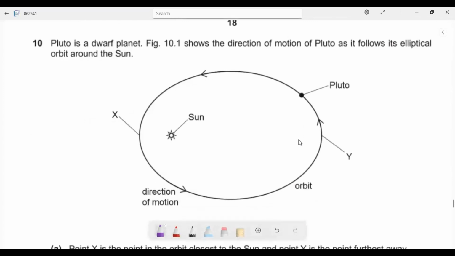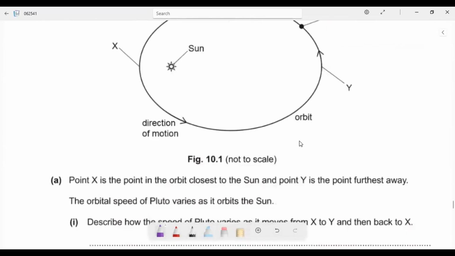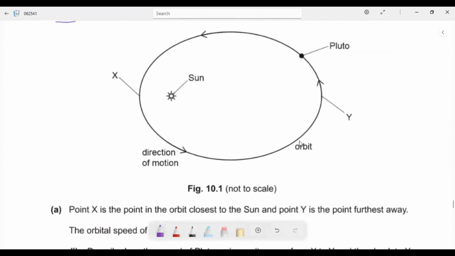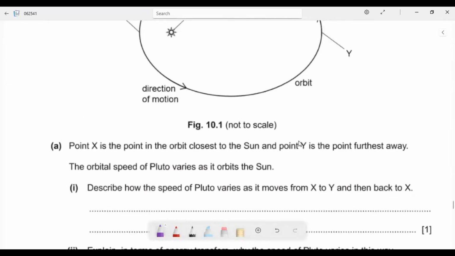Question number 10. Pluto is a dwarf planet. The figure shows the direction of motion of Pluto and it follows an elliptical orbit around the Sun. Point X is the point in the orbit close to Sun, and Y is far away from the Sun.